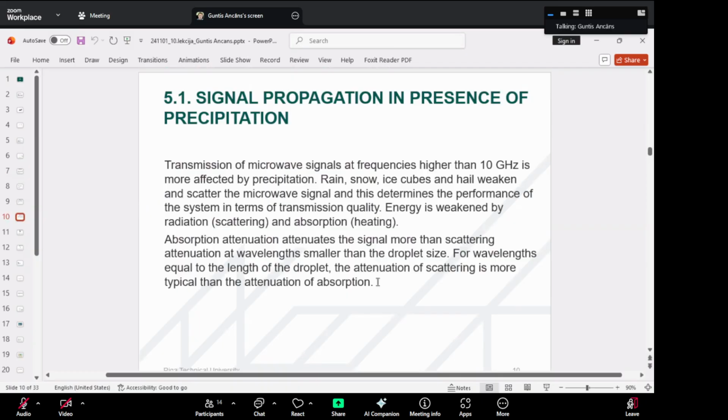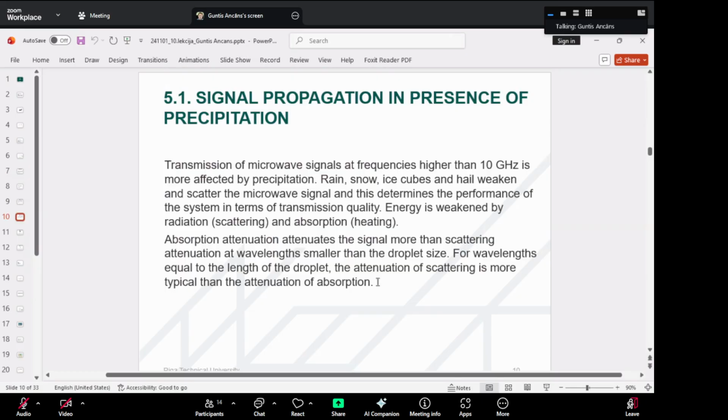Transmission of microwave signals at frequencies higher than 10 GHz is more affected by precipitation: rain, snow, ice. It can weaken and scatter the microwave signals, and this determines the performance of the system in terms of transmission quality.